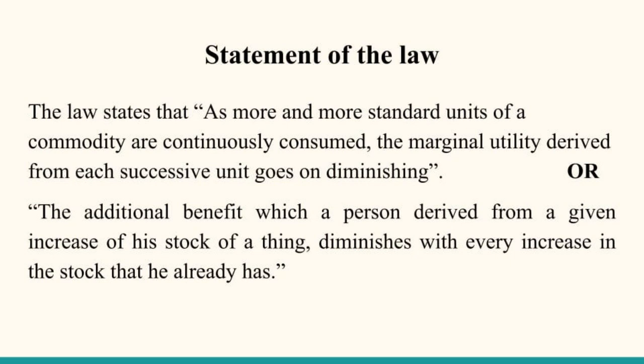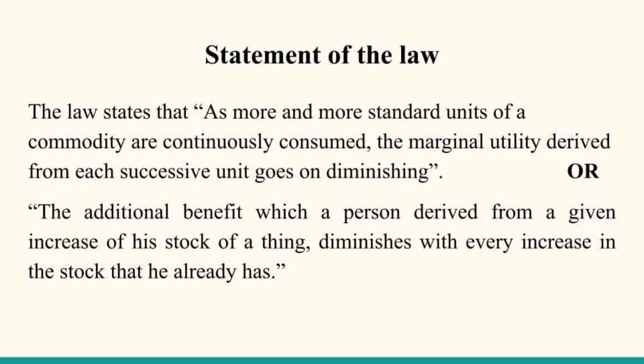The law of diminishing marginal utility states that as more and more standard units of a commodity are continuously consumed, the marginal utility derived from each successive unit goes on diminishing.